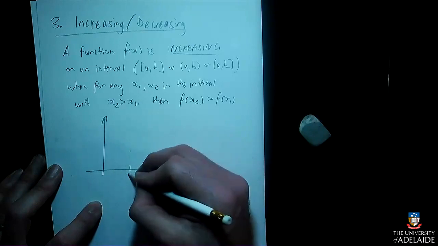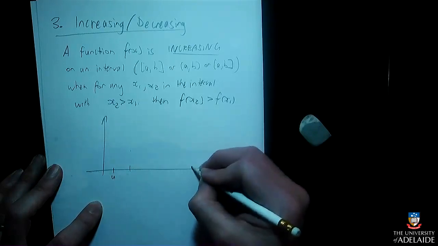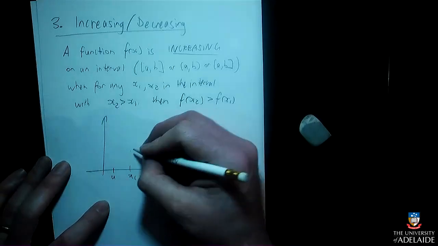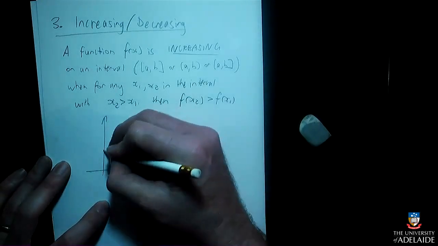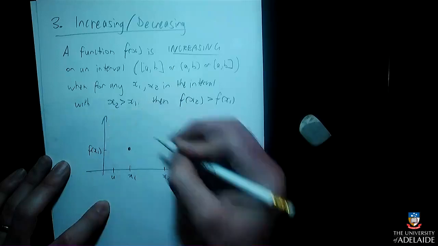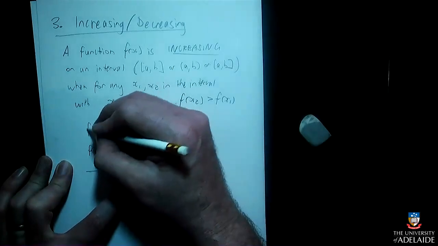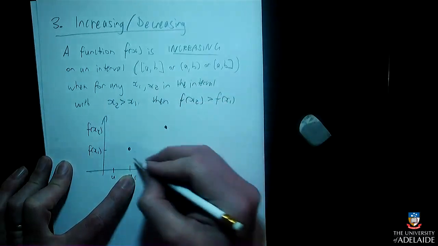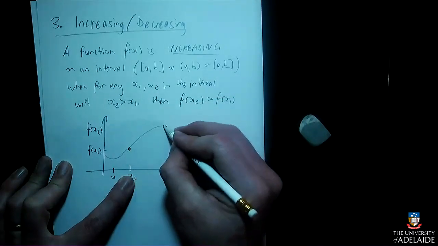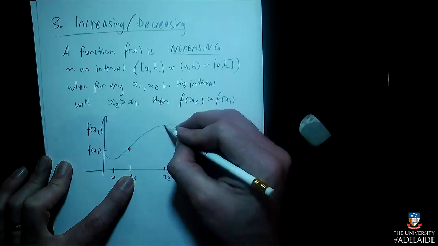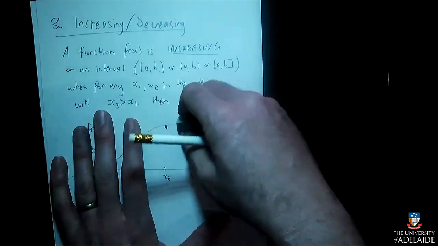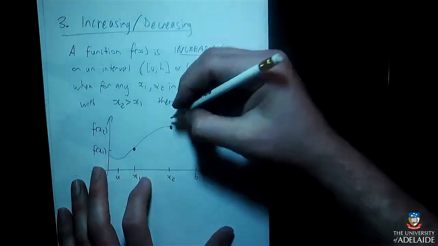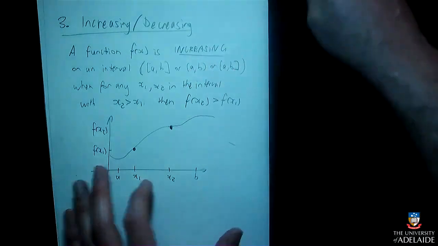So here's our interval, the ends of my interval are here, and this is x1 and x2, and this is f of x1 here. So if the x2 is further along, the f of x2 has to be higher up. So I've got some sort of wicked curve like that. It's supposed to be going up on the entire thing.